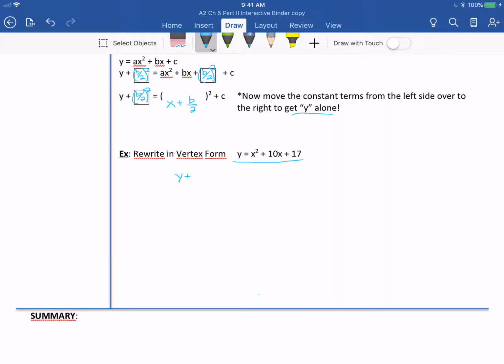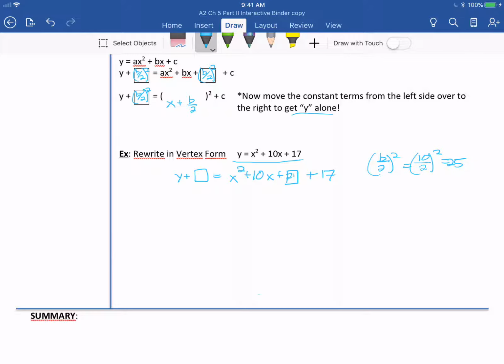So now here I have y plus box is equal to x squared plus 10x plus box, and then plus 17. I like to put that box before the 17 because that's what we're going to use to complete the square. In that box is my b over 2 squared, and my b right now is 10, divided by 2 is 5, squared is 25.